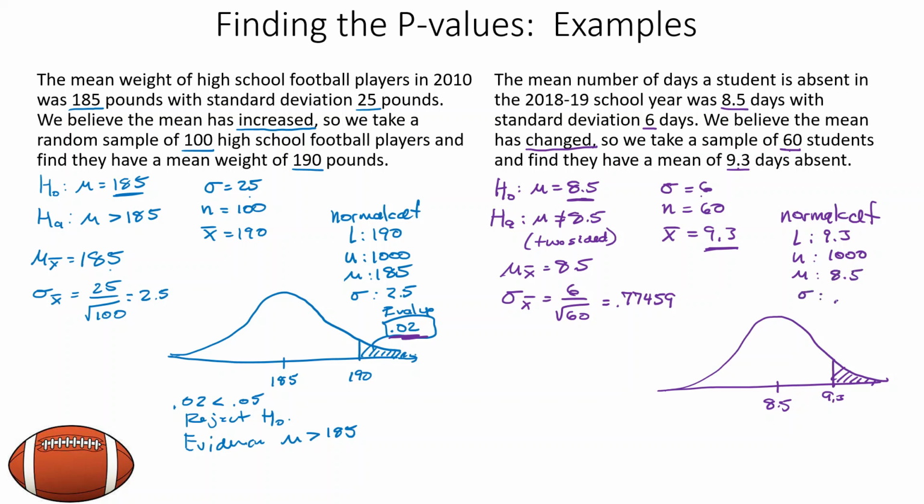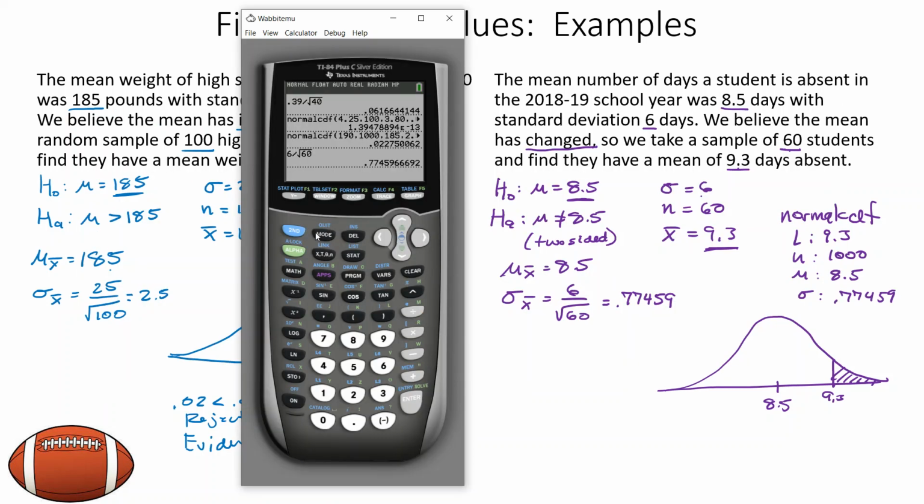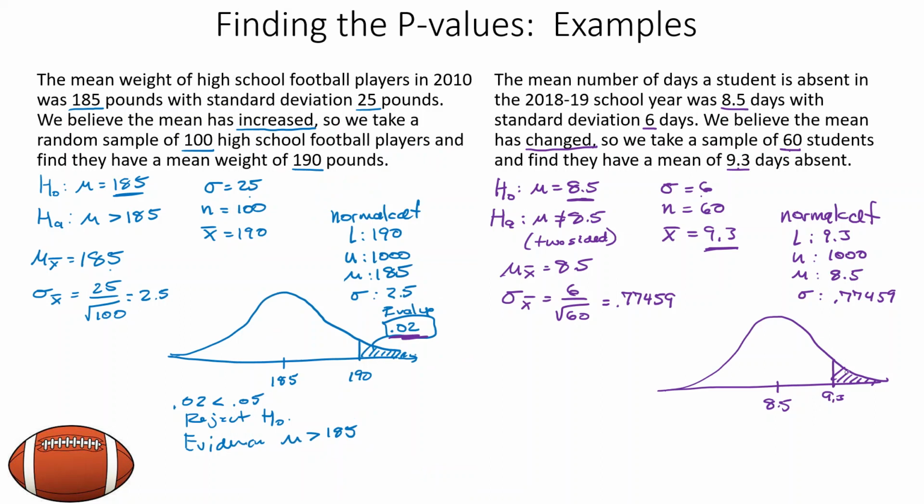Our standard deviation is 0.77459. I don't know if we need that many digits, but we've got them, so we might as well use them. Second distribution, normal CDF. 9.3 for our lower bound, something big for our upper bound. 8.5 for our mean, and then 0.77459 for our standard deviation, and that gives us 0.15.